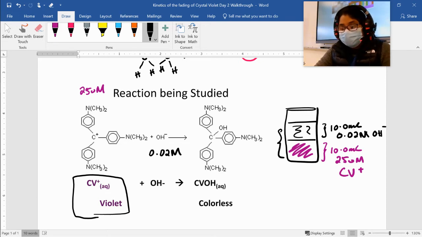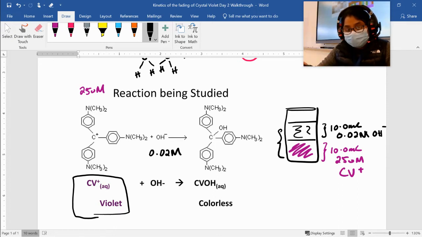So remember, we are using a colorimeter for this part of the lab as well. This is based on Beer's law. Beer's law is used to figure out how much of a reactant or product is in our solution. If the solution is going from deep purple to less and less purple, it's showing you how the concentration of the initial reactant is decreasing and being turned into the colorless product.